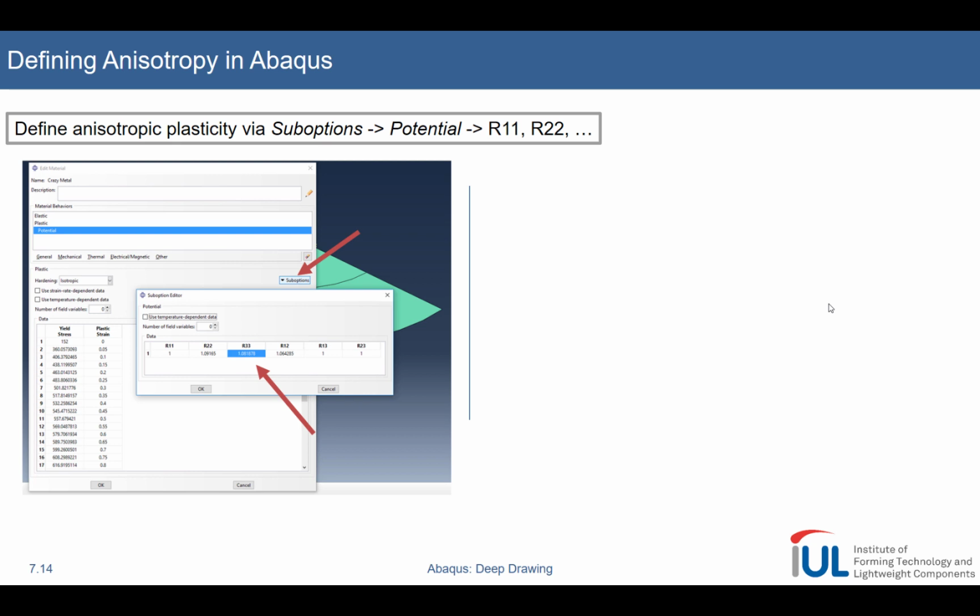So we classically define an elastoplastic material model, as you can see here on the left, and in Abaqus we activate the anisotropic material behavior using the sub options radio button that's indicated here, and then a little pop-up will pop up, literally, and in this one you can specify the 6 capital R values that we've talked about before, and we've actually calculated these for the specific material model.